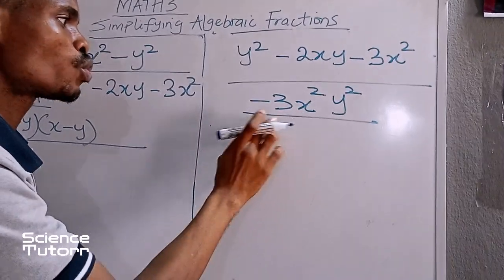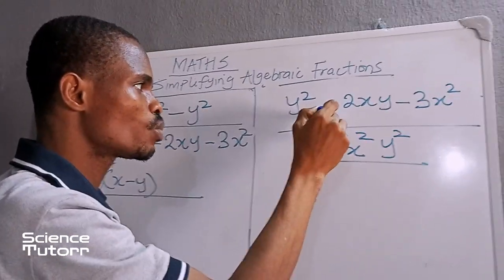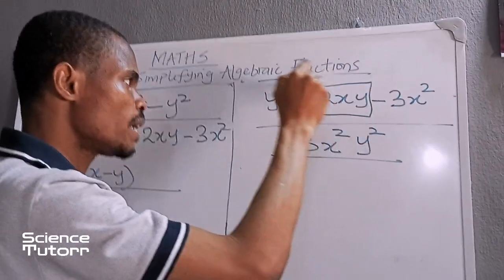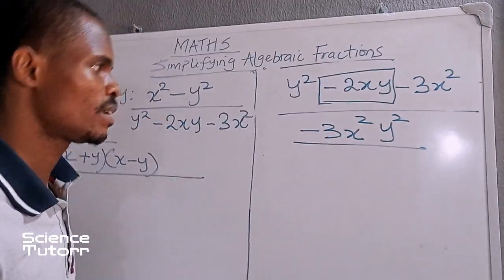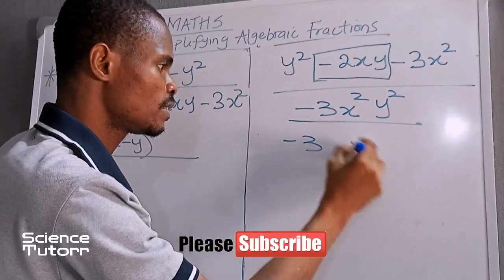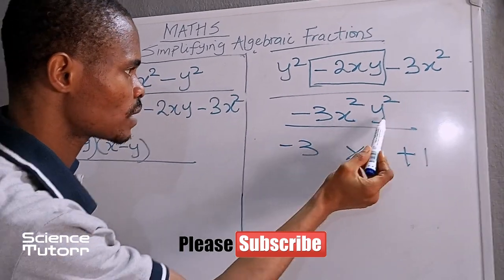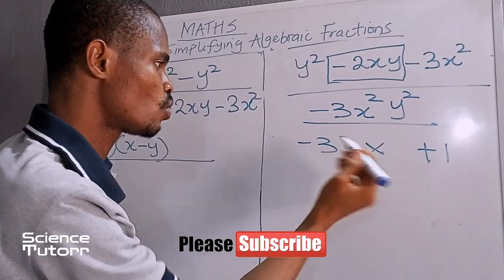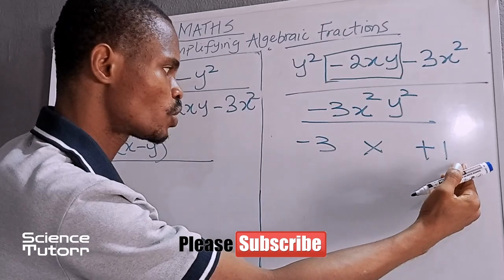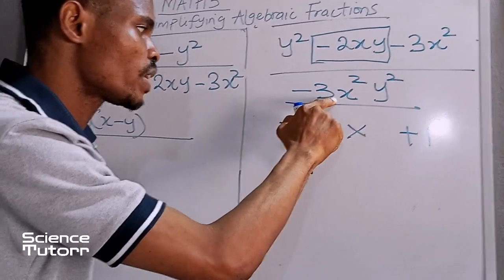Now I'm going to look for two numbers so that when I add them together, it's going to give me the middle term, which is minus 2xy. So what are the two numbers? I'll be going with minus 3 times plus 1. But since I have x and y here, I'm simply going to introduce xy on both sides. But take note, minus 3 times plus 1 will give us minus 3.